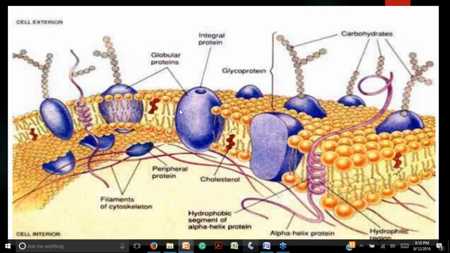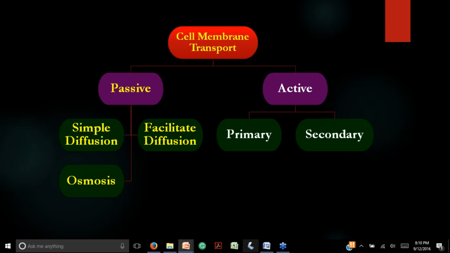As we mentioned, these will be working as receptors or as transporters for other substances. The general idea is to talk about cell membrane transportation, and we are going to divide it in two areas, passive and active.